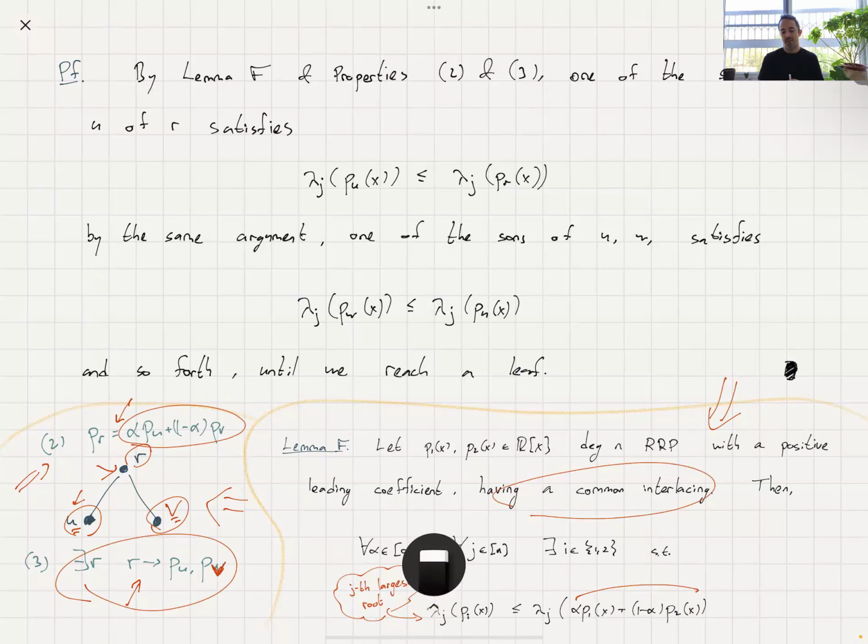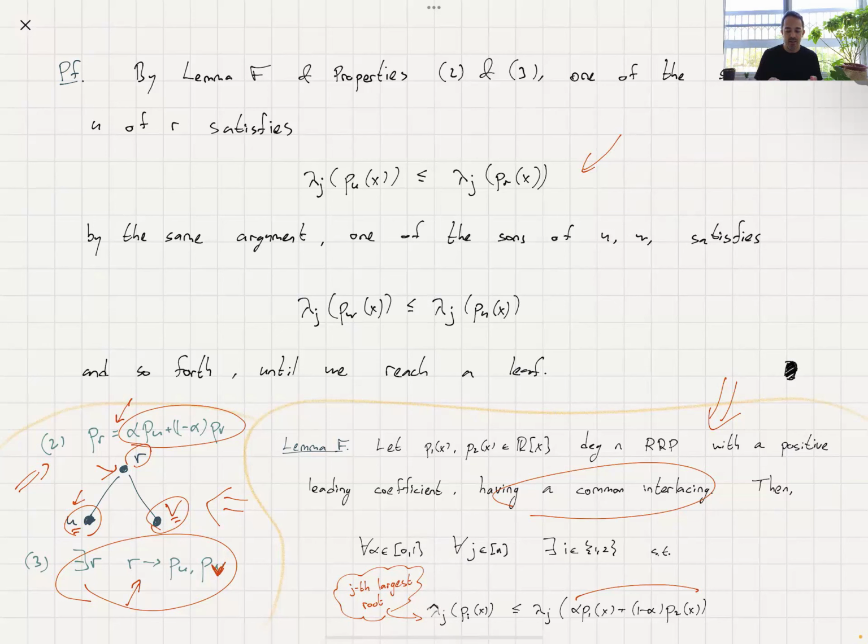And so for every alpha and j, one of u or v is better than R, namely the corresponding root that you care about, the jth largest root, is bounded by the jth largest root of PR. Okay, and once you have that, you can just repeat as you go down in the tree.